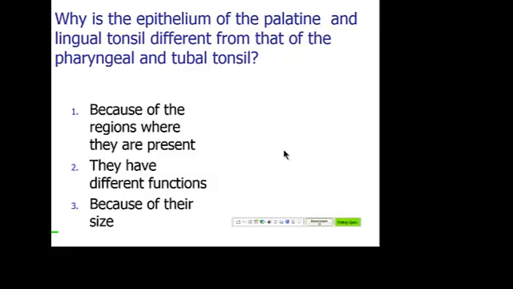Okay, let's take a look at this one. Why is the epithelium different in these two regions?